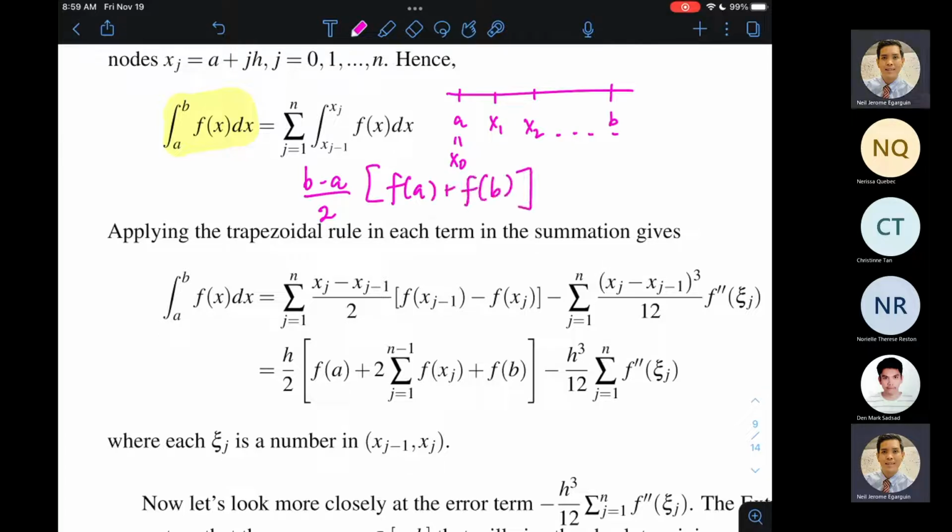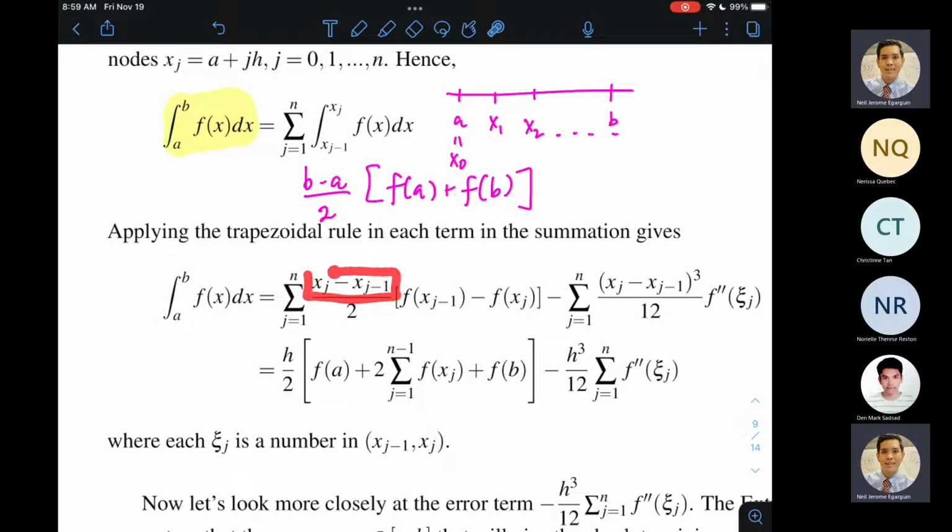b. Yun nga lang, sa pang j na pasada ng integral, yung integration interval natin ay x sub j minus 1 hanggang x sub j. So if we compute for the length of that subinterval, it's gonna be x sub j minus x sub j minus 1.